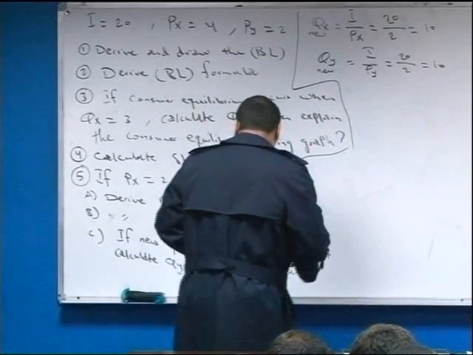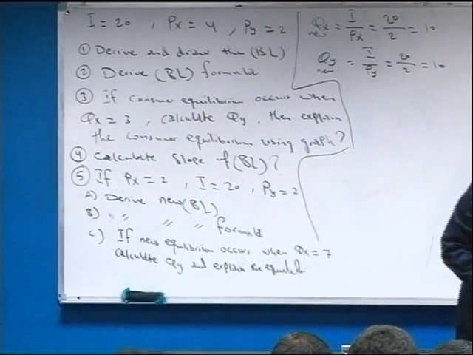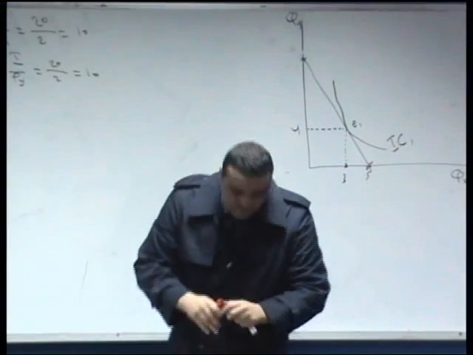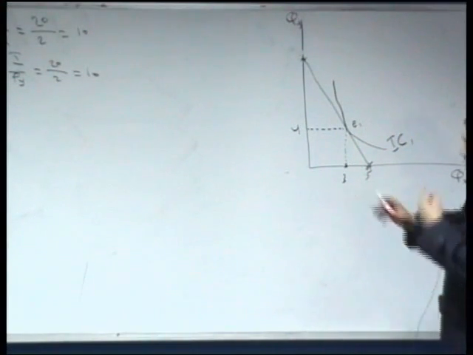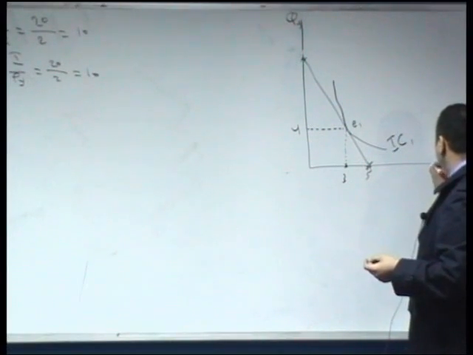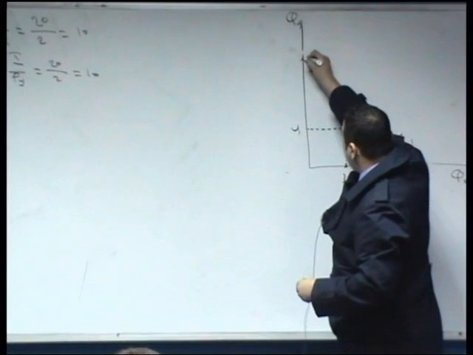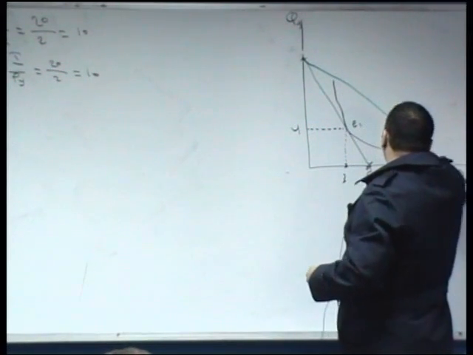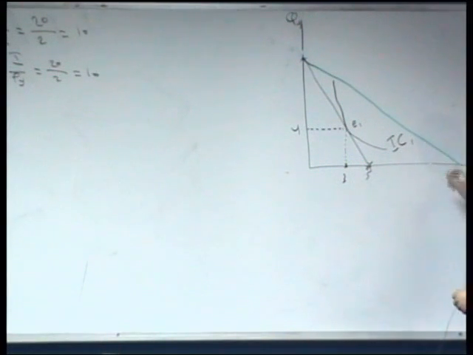So in this case we have a new budget line. The new budget line is illustrated by the new Qx, suppose it's 10, and the Qy remains constant. This is the new budget line.